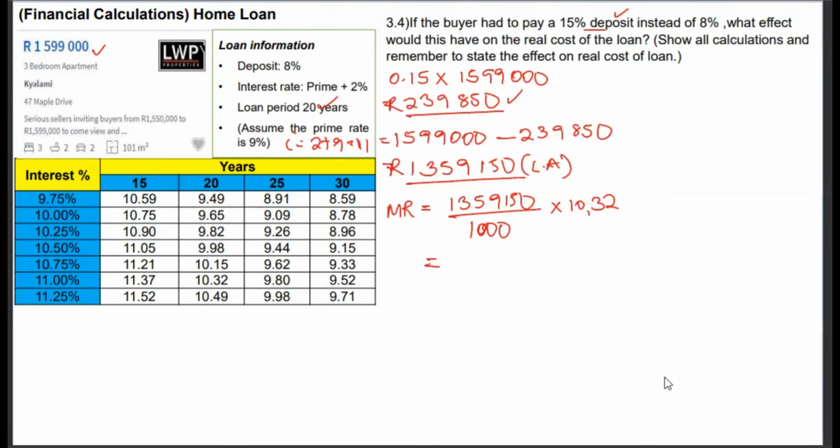So we ask ourselves, what does the person get? The person has to be repaying 13,940 rands 10 cents. So this is the monthly. So what's the real cost?